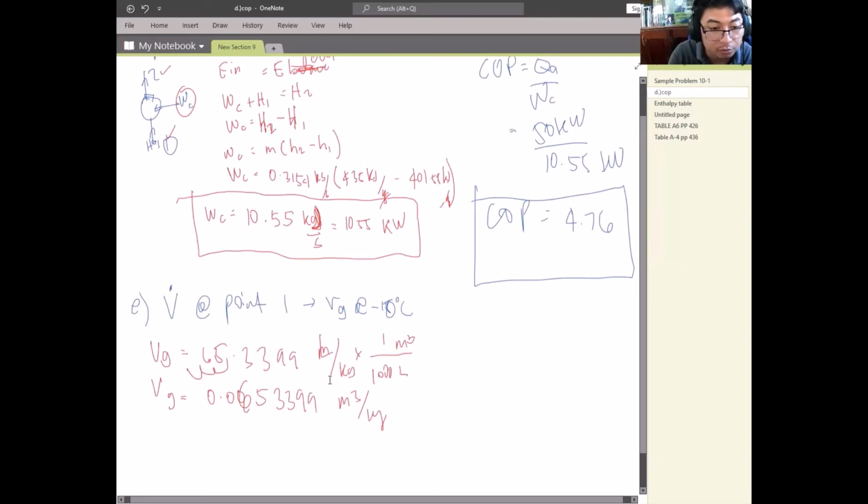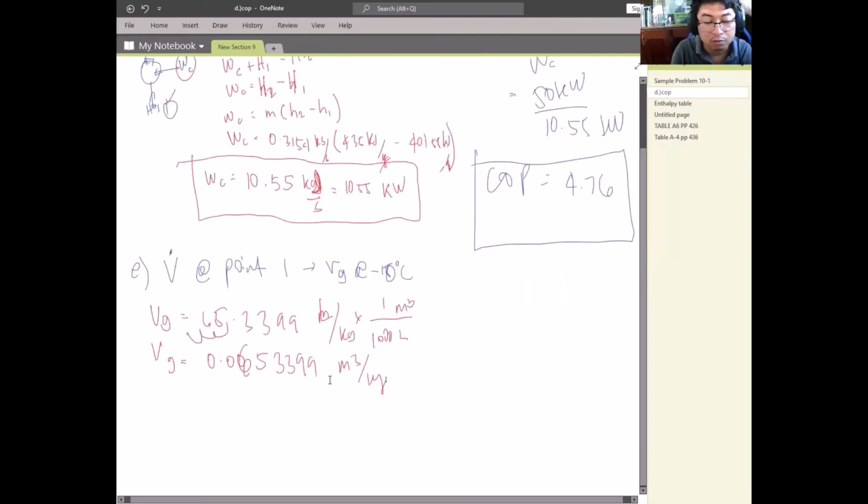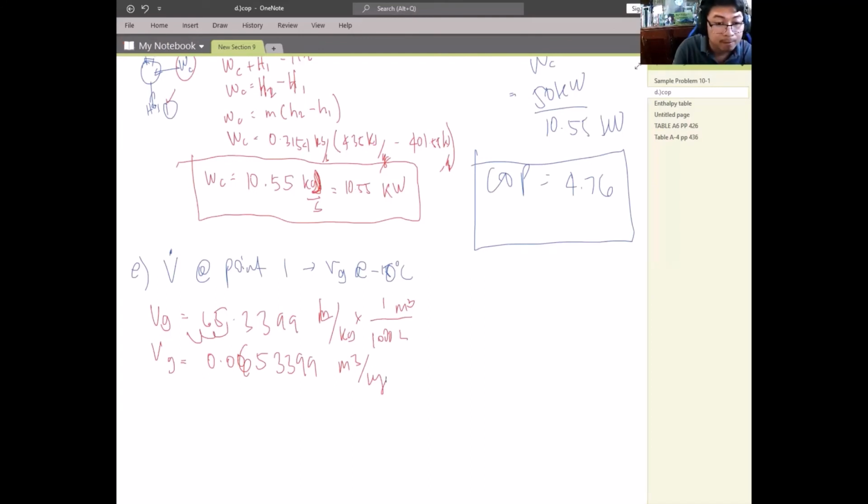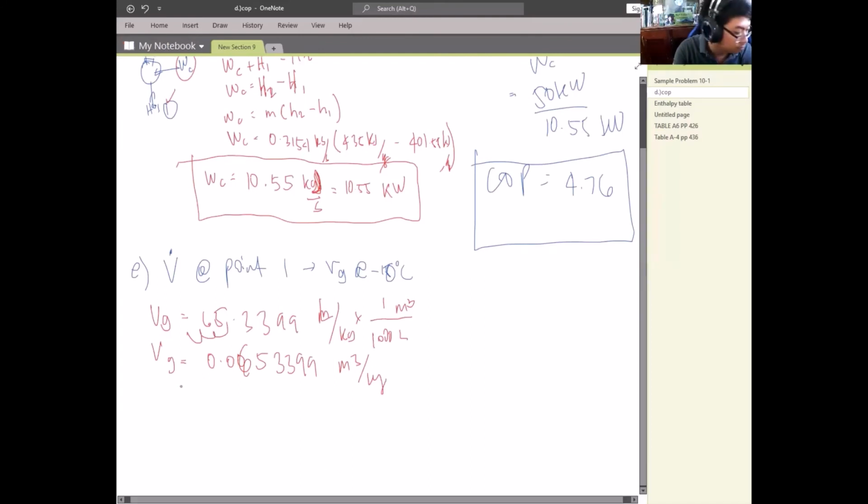Okay, so moving on. So we can get the volume flow rate of that. By unit analysis, we can use the mass flow rate.